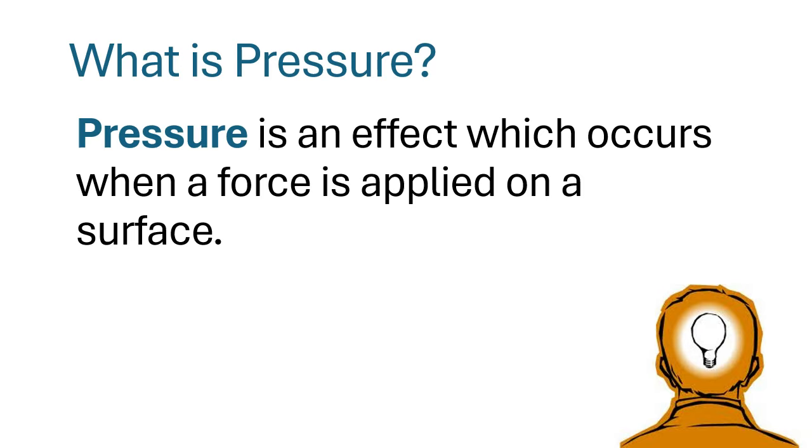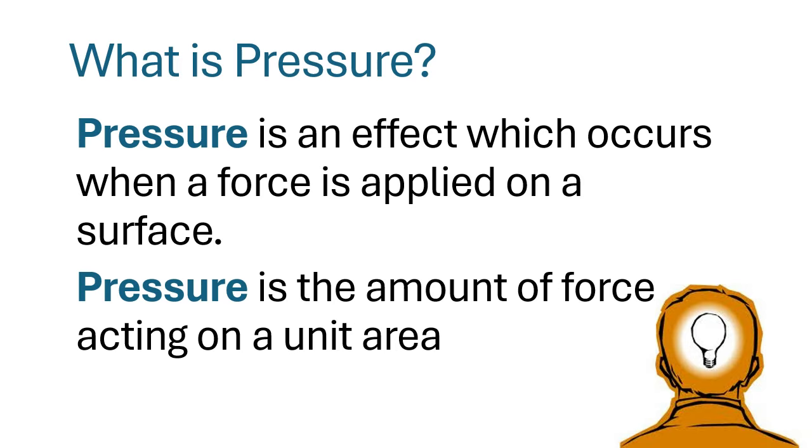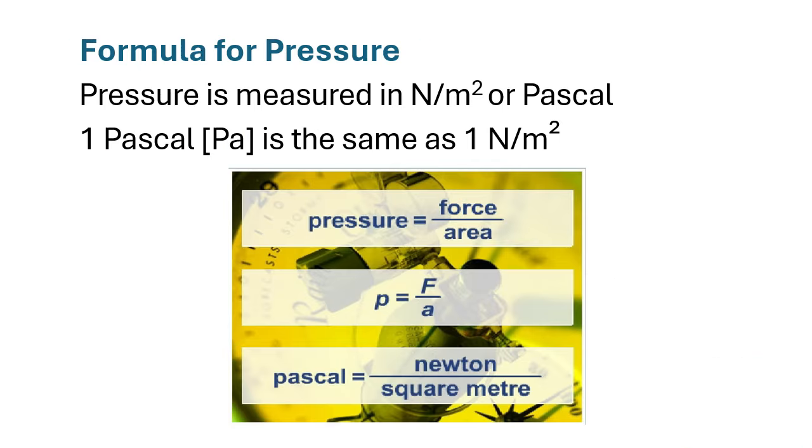Pressure is an effect which occurs when a force is applied on a surface. Pressure is the amount of force acting on a unit area. Pressure is measured in Newton per square meter, also known as Pascal. So 1 Pascal or Pa is the same as 1 Newton per square meter.